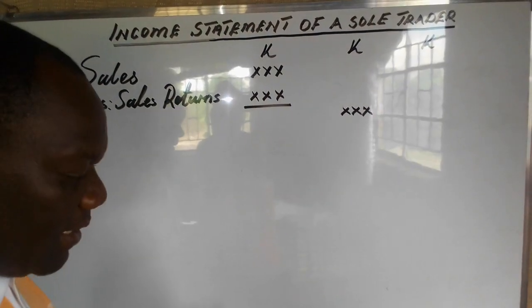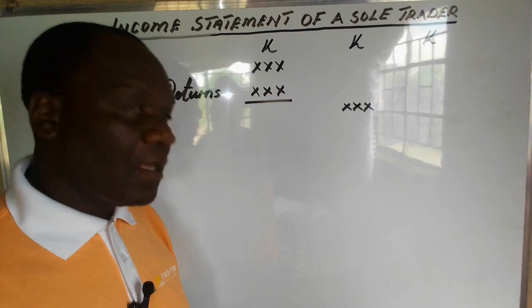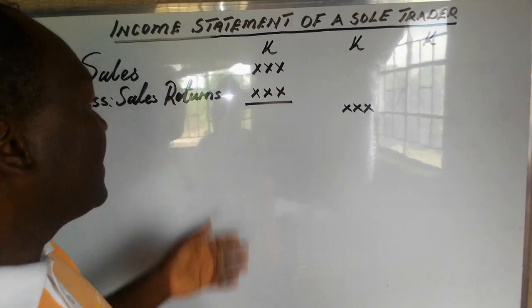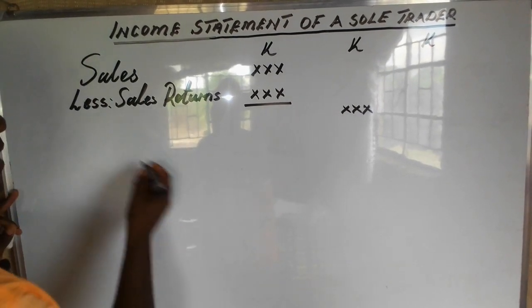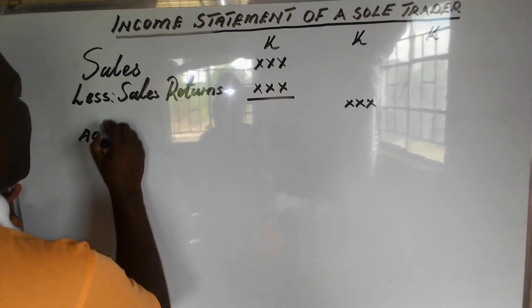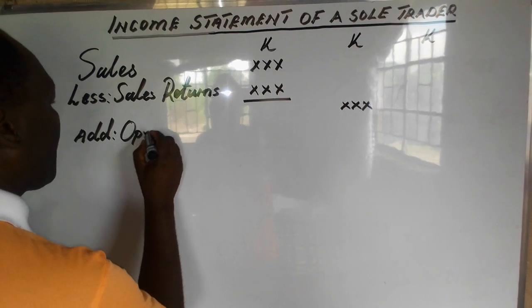Then after this, if at all we have the opening inventory, then you add the opening inventory. So in this case, let's say we have opening inventory. So you say add opening inventory.